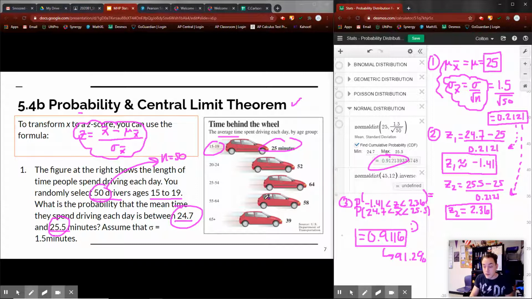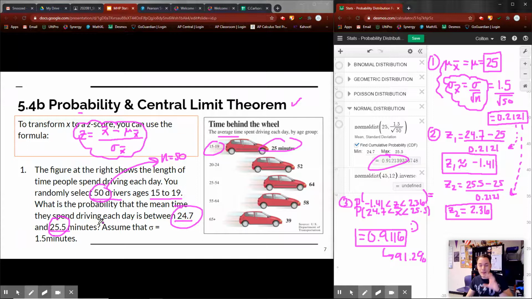That's what it means. So out of 50 drivers in this age group, about 91.2% have a mean driving time of 24.7 to 25.5 minutes. So roughly about 30 minutes, right? Probably to go to school and back. I hope that makes sense.